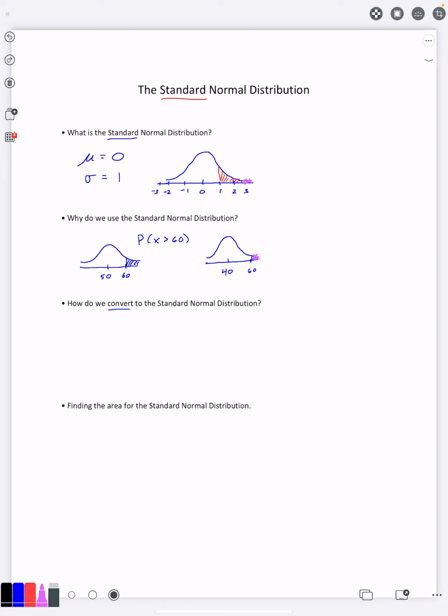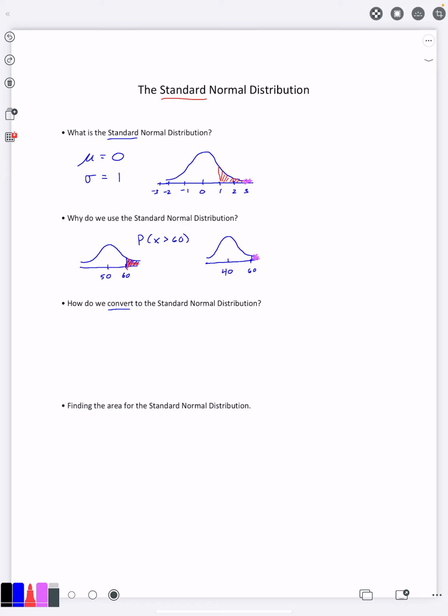So maybe this small area is the purple one, and this area is the red one. And so instead of trying to look up 60 on our table, we're going to look up, say, 1 or 3 on our table. And that way we can get the area for any normal distribution by converting it to the standard and then looking up the standard table and getting our answer from there.